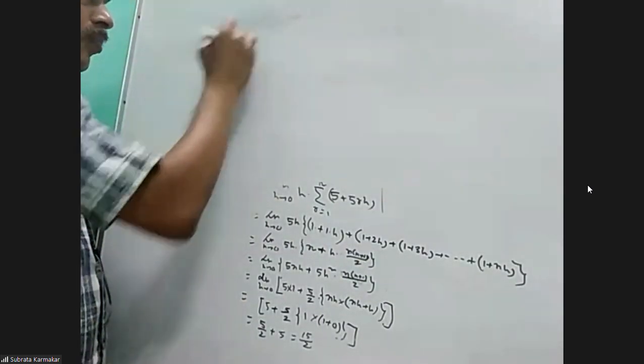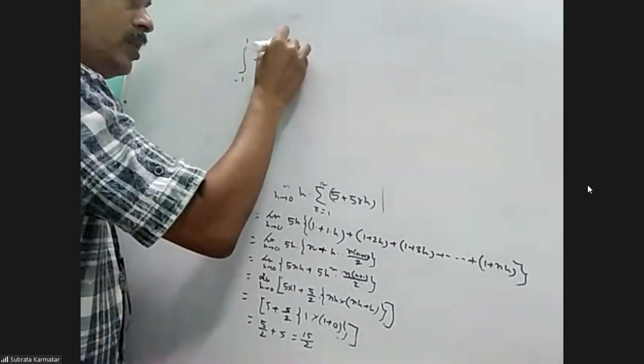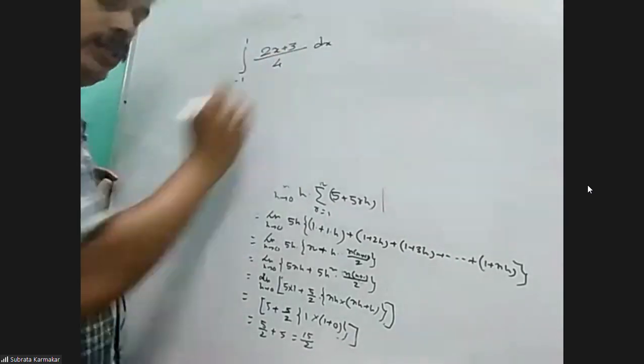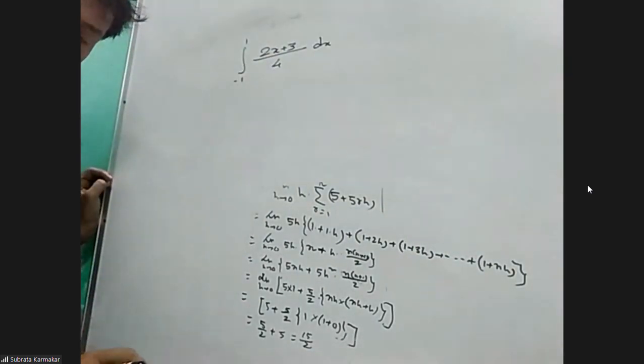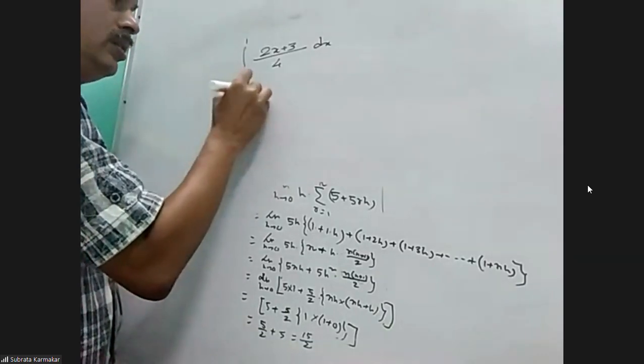Integration minus 1 to 1, 2x plus 3 by 4 dx. Is it clear? So here, what is a, what is b, that one you have to write here. This one I'm giving as homework, just giving a hint.